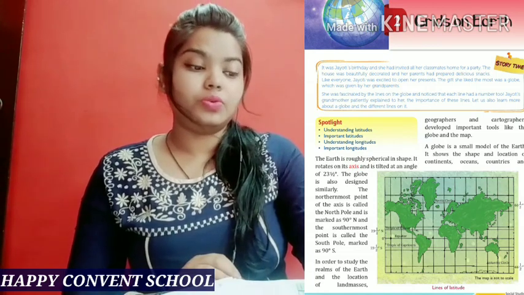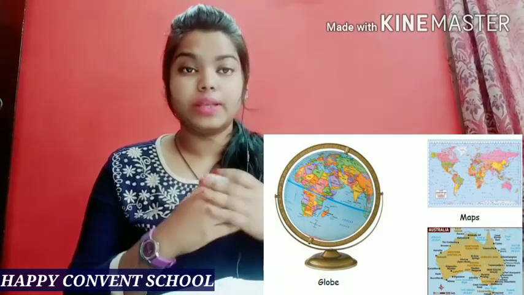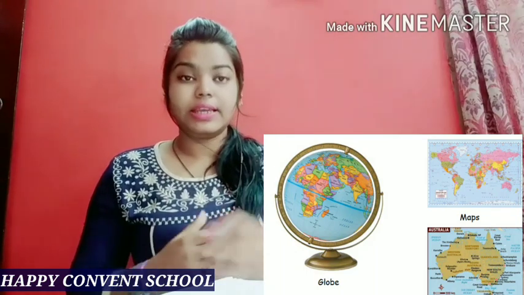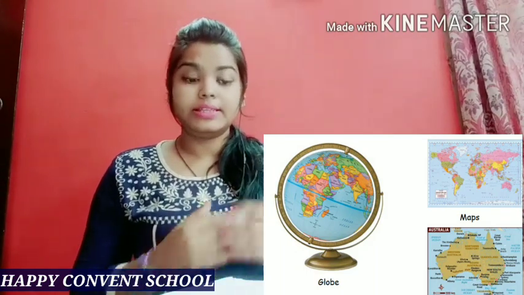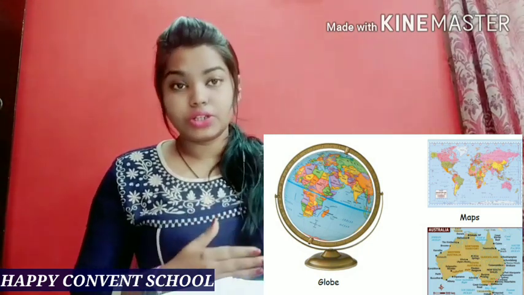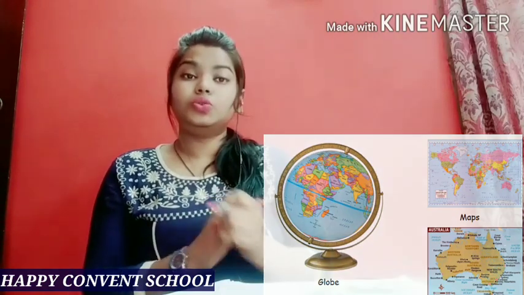In order to study the realms of earth and the location of land masses, geographers and cartographers developed important tools like globe and map. These tools have been developed for our convenience, so that we can easily study the realms of the earth and get to know the location of the landmass. Now we will read about the two tools.